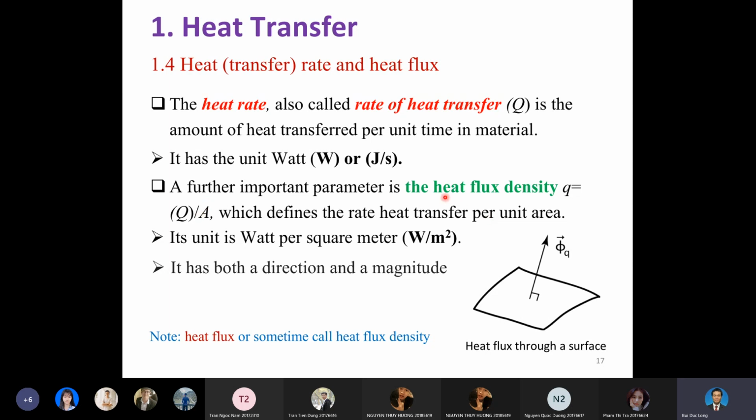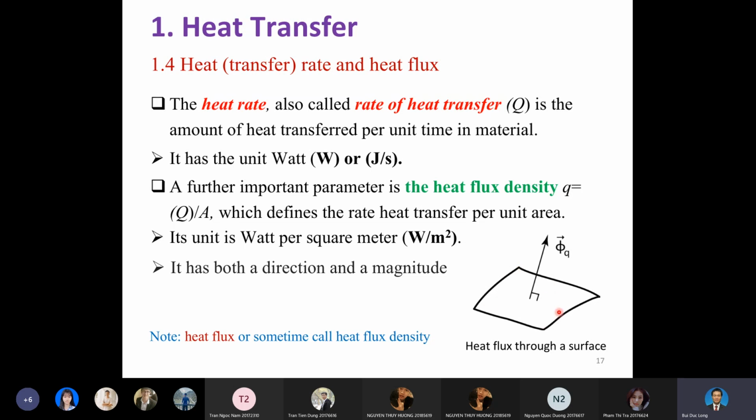This heat flux density is defined as the rate of heat transfer per unit area, so it has the unit watts per square meter. Both the rate of heat transfer and heat flux have direction and magnitude.